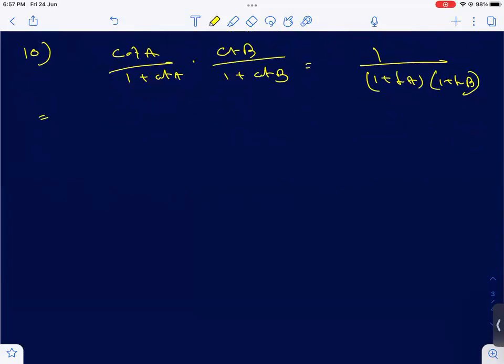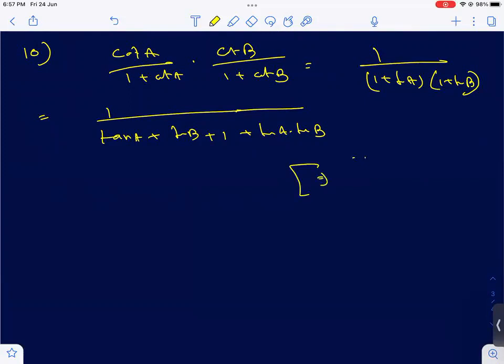So this can be written as 1 by tan A plus tan B plus 1 plus tan A into tan B. Since tan A plus B equal to tan 225 degrees, it means 1, because in the third quadrant tan is positive.